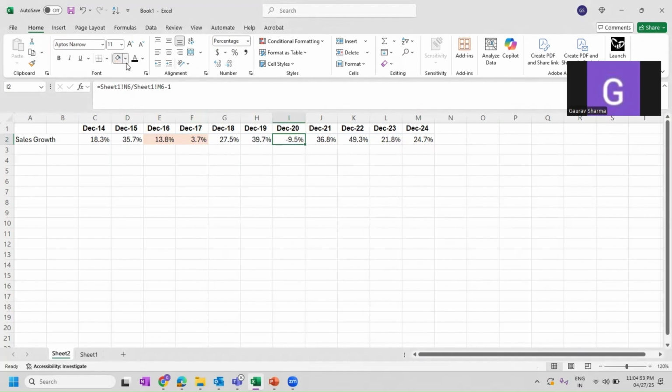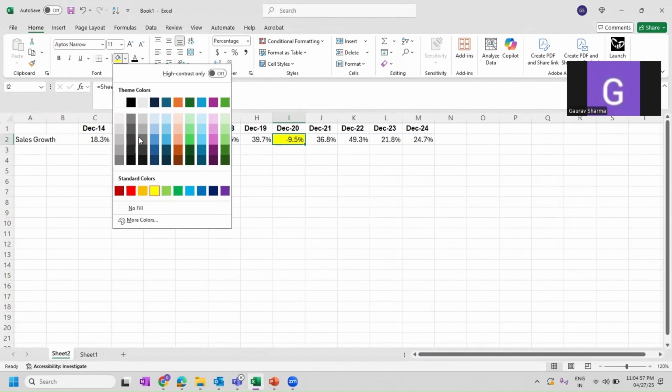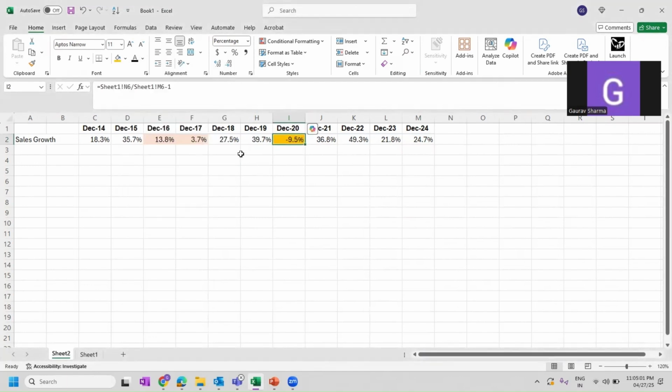In fact, I see a negative growth. Let's color it with this one possibly. Okay, this one, right? But yeah, on an average, my growth has been around 29%.